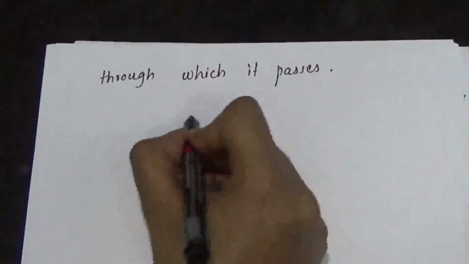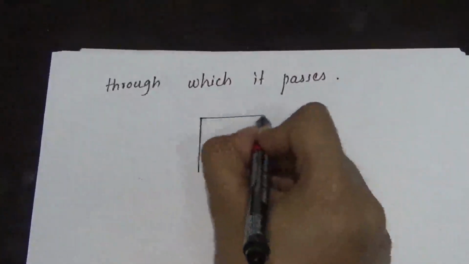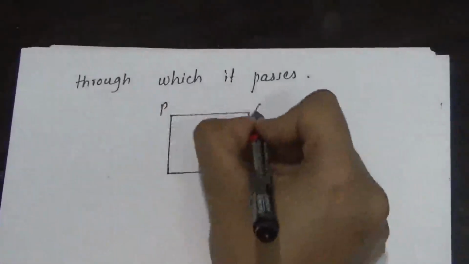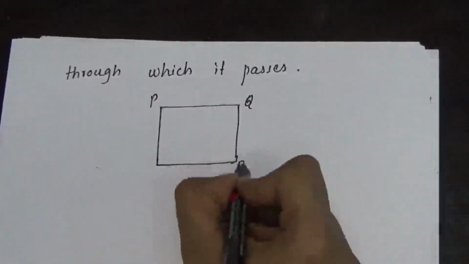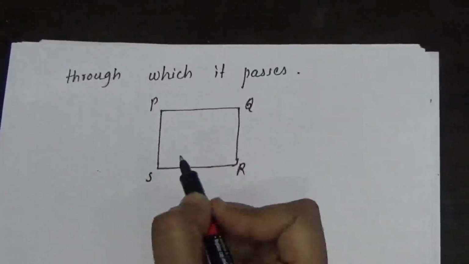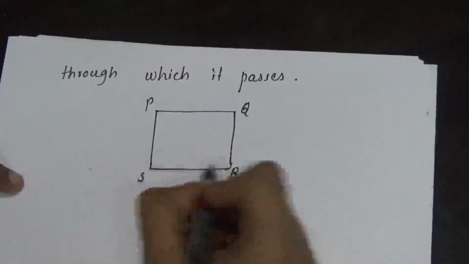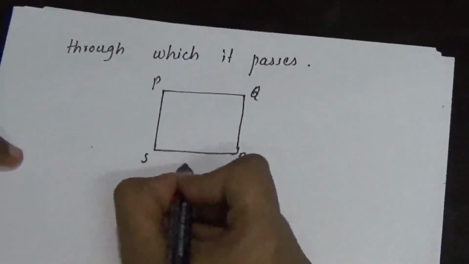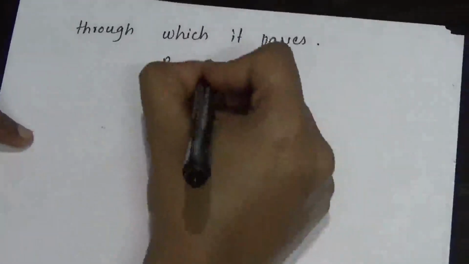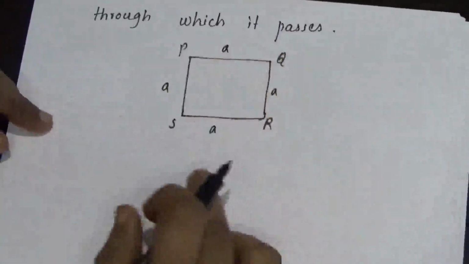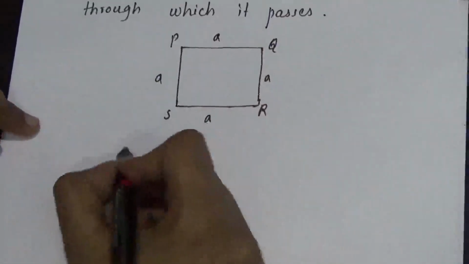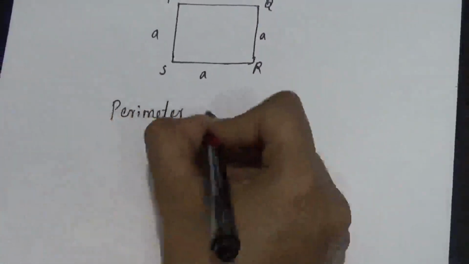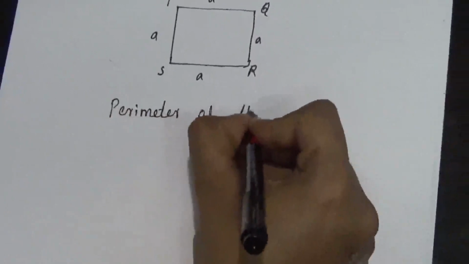Okay, now let's consider once again the same square PQRS. We know that all the sides of a square are equal. Suppose the length of each side of the square is A. So all the sides will be equal to A. Then what is the perimeter of the square?